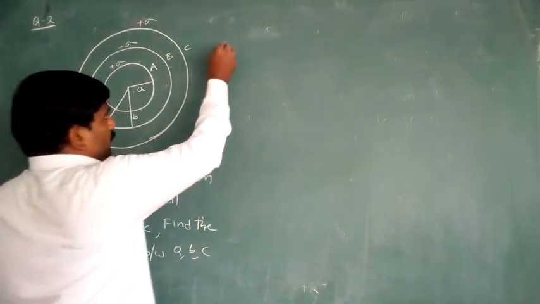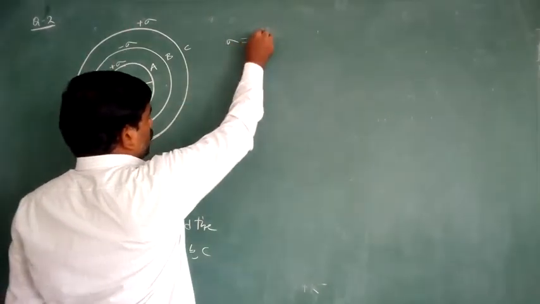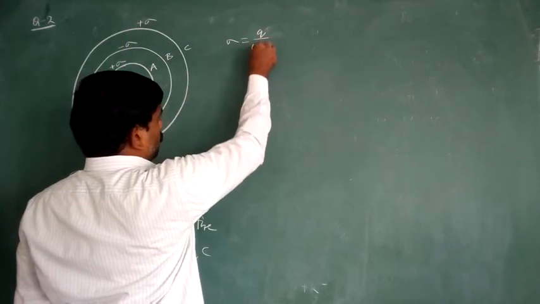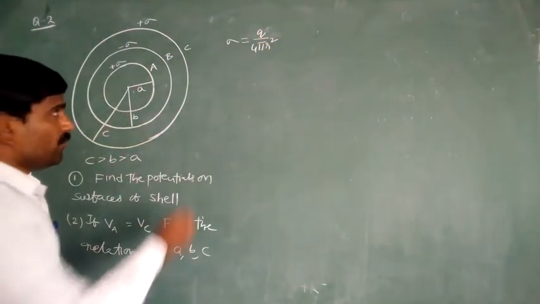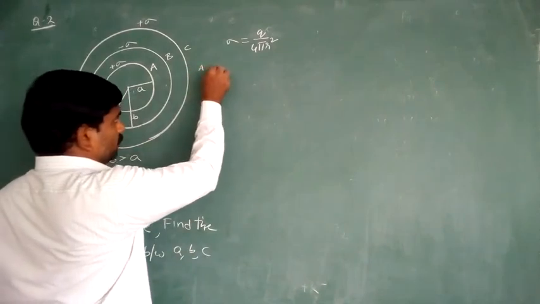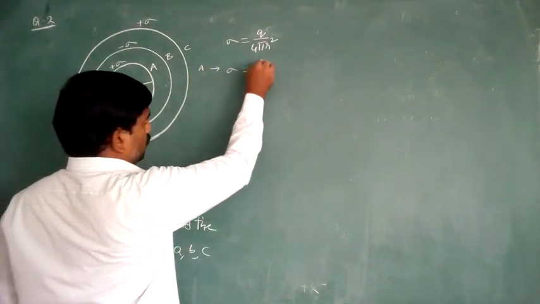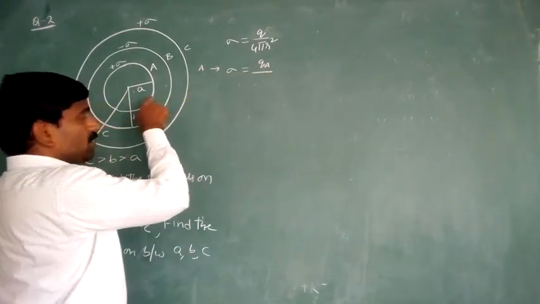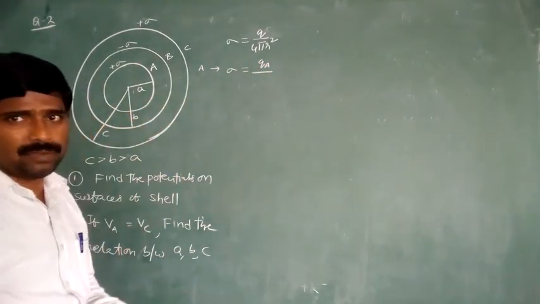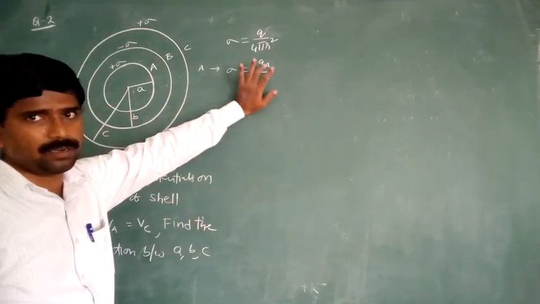Sigma is equal to q by 4 pi r square. For the first one, for the A, sigma is equal to QA by 4 pi A square, where QA is the charge on the surface of the first shell. We don't know how much that one is, we are finding it right now.